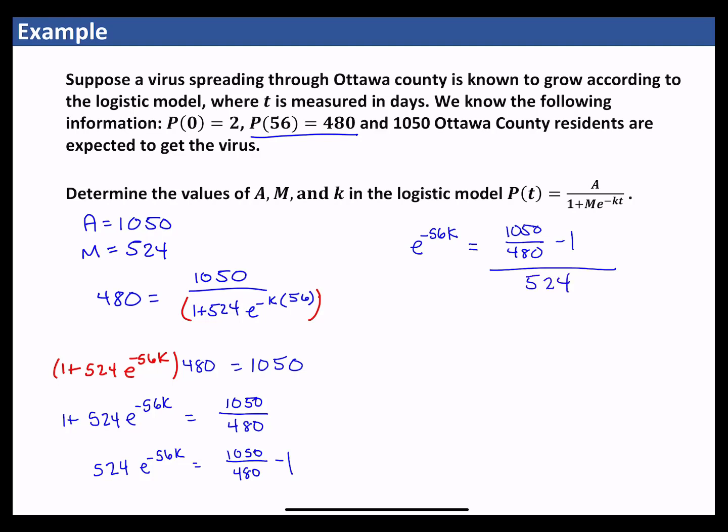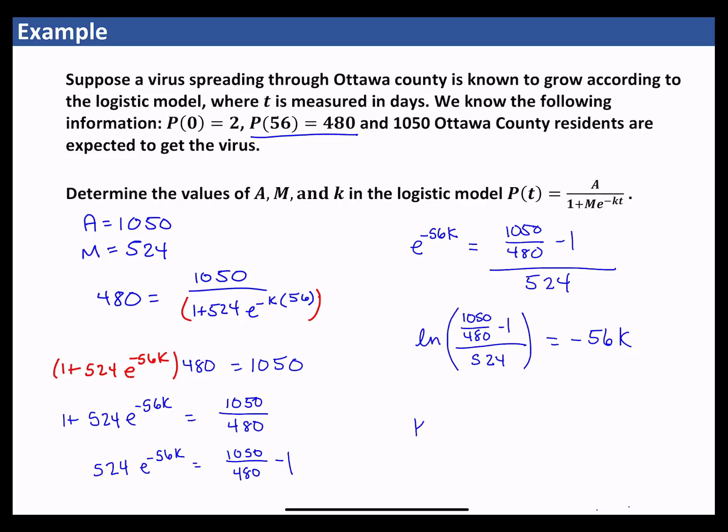Then we'll use a natural logarithm in order to undo this e to a power function. So we will end up with the natural logarithm of 1050 over 480 minus 1 all over 524. That's going to equal negative 56k.